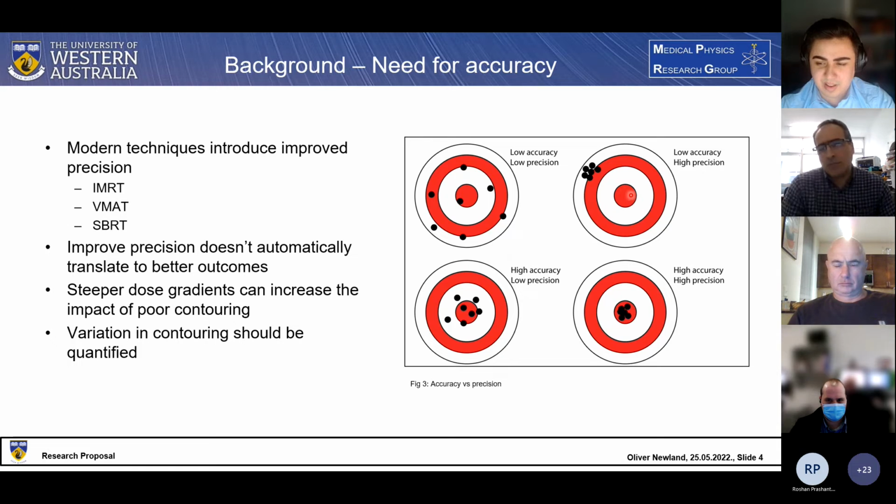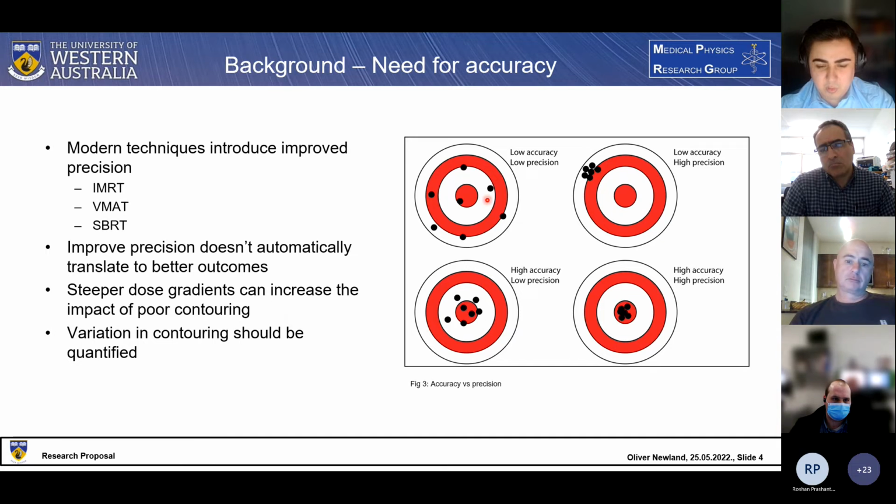Especially in this case, you would not be hitting the tumor at all and probably dosing healthy tissue. So it's important that the variation in contouring can be quantified to explain this phenomenon.